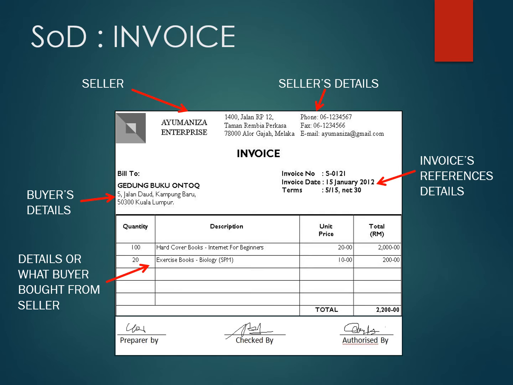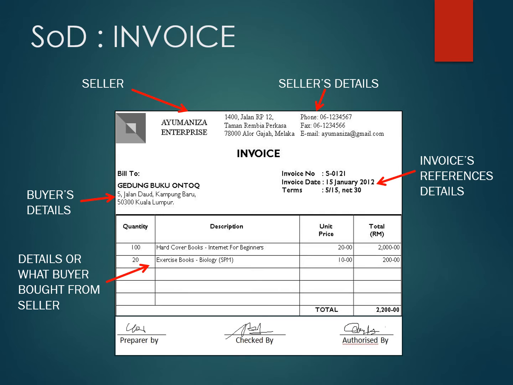The terms mean the promise that you gave to the customer. For example, here it says 5/15, net 30. It means that 5 is the 5% cash discount that can be given to the customer if the customer pays this invoice within 15 days.